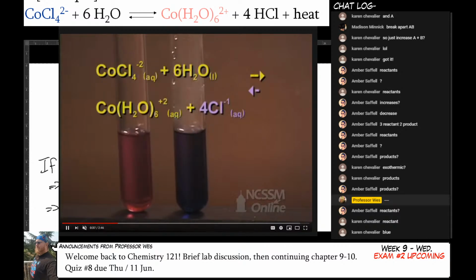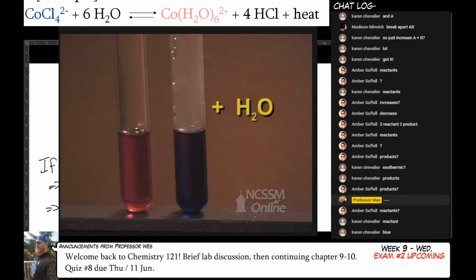And he's just going to mix it up a little bit. All right, now we're going to add water to it. If I were to add water to both solutions, which direction would the equilibrium shift? Would it shift towards reactants or products?